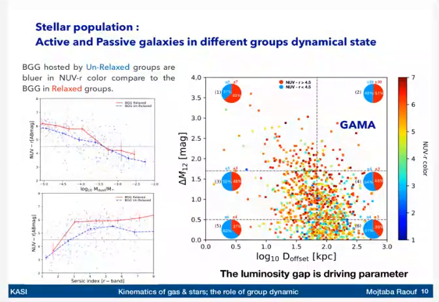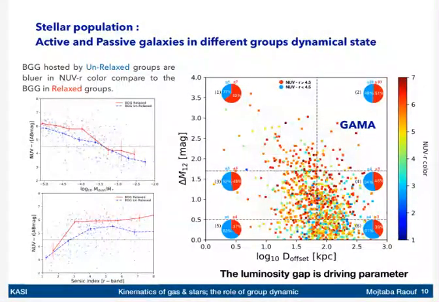We show the map of gap and offset parameters, and if you remember the regions for the relaxed and unrelaxed systems, in panels 1 and 6, you can see we have more red in the pie charts compared to the other regions. In panel 6 we have more blue regions. What are blue and red?